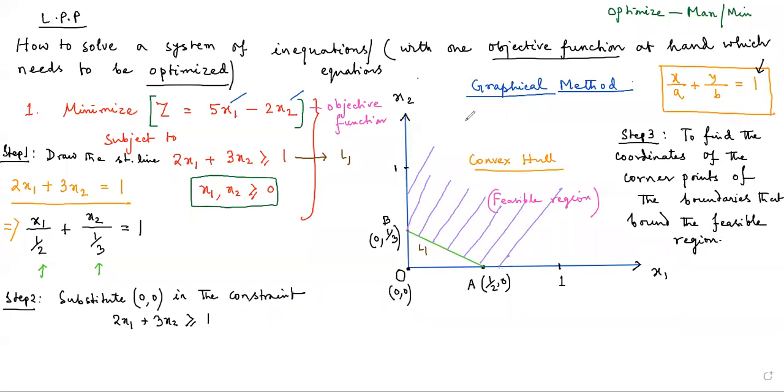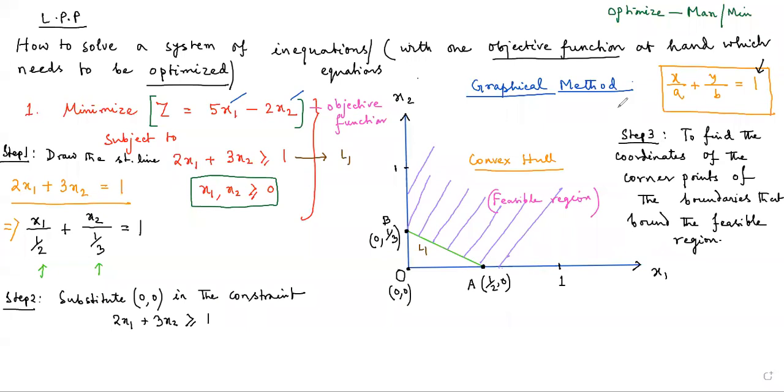Now you see that since the region is not bounded from the upper end, it is only bounded from the lower end, its coordinates are already marked. Okay, and it has got two corner points. One corner point is this one, and another corner point is this one.